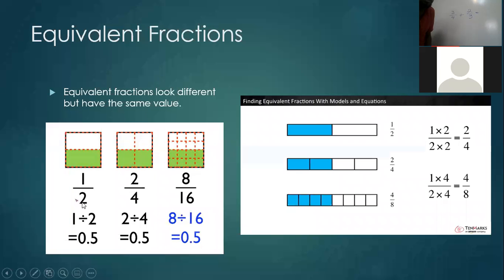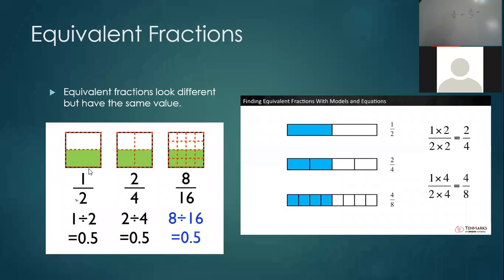So let's look at these equivalent fractions. Here we have 1 over 2, 2 over 4, and 8 over 16. Now I want you to look at this picture here.